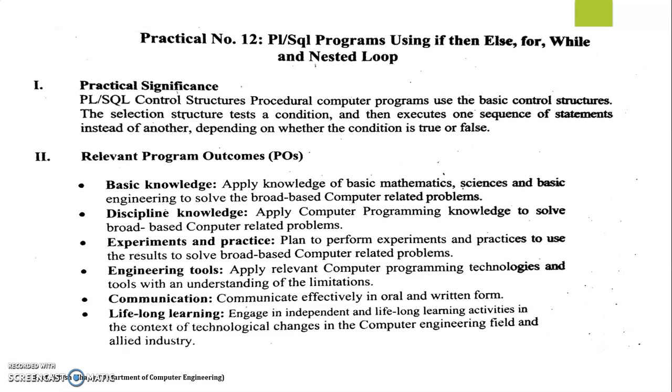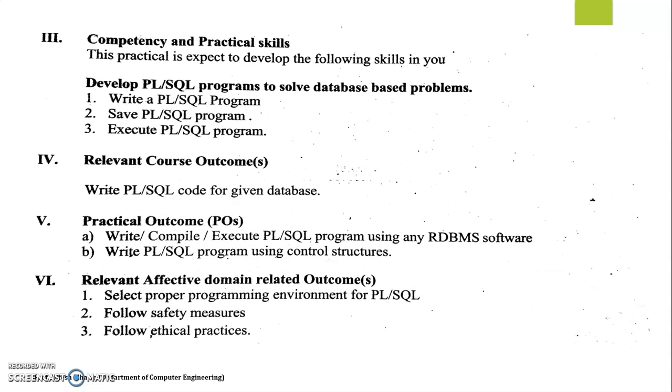The relevant program outcomes achieved in these experiments are basic knowledge, discipline knowledge, experiments and practice, engineering tools, communication, and lifelong learning. Competency and practical skill: this practical is expected to develop the following skills, that is writing a PL/SQL program, saving a PL/SQL program and executing the PL/SQL program.